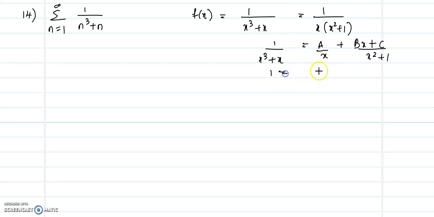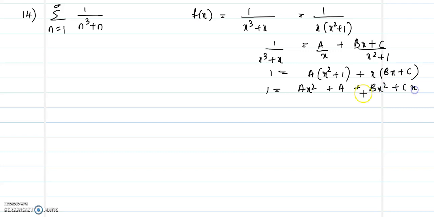Now equating the numerators, we'll get 1 equal to a times x square plus 1 plus x into bx plus c. So we'll get 1 equal to ax square plus a, then bx square plus cx. Now equating the coefficients on both sides, equating the constants, we'll get a equal to 1, and equating the coefficient of x on both sides, c will be 0, and equating the coefficient of x square, a plus b must be equal to 0.